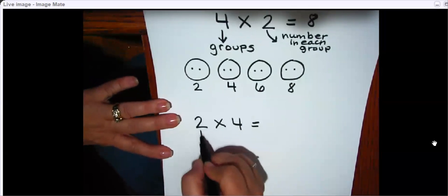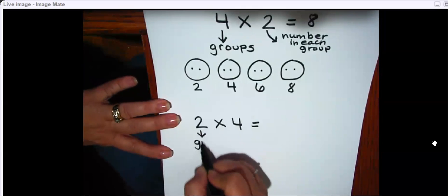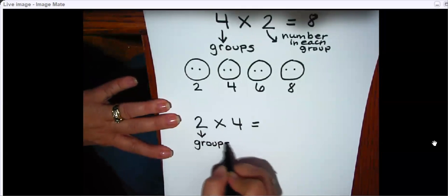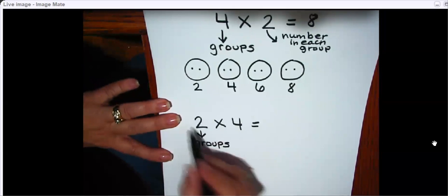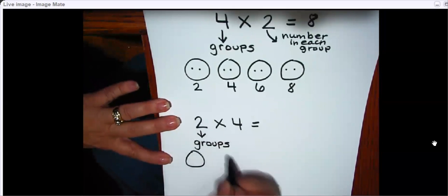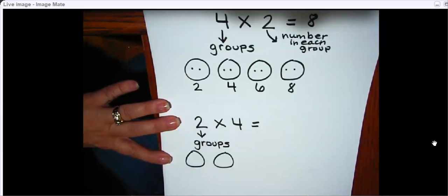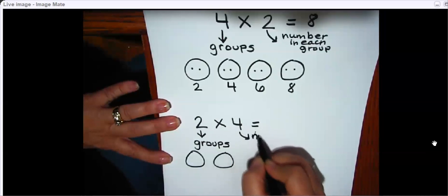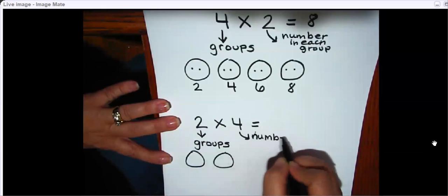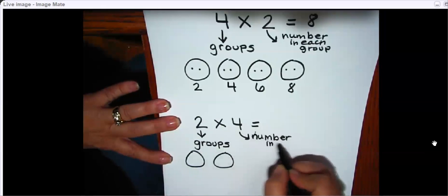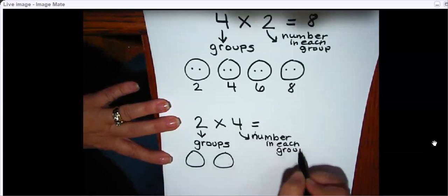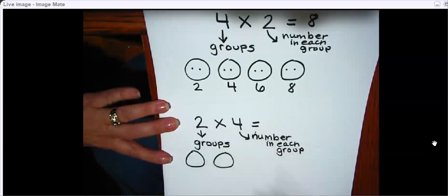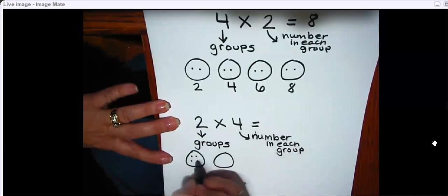And this is my groups. So I'll make 2 groups. I make 2 circles, and this is the number in each group. So I'm going to put 4 in each group this time. 1, 2, 3, 4. 1, 2, 3, 4.